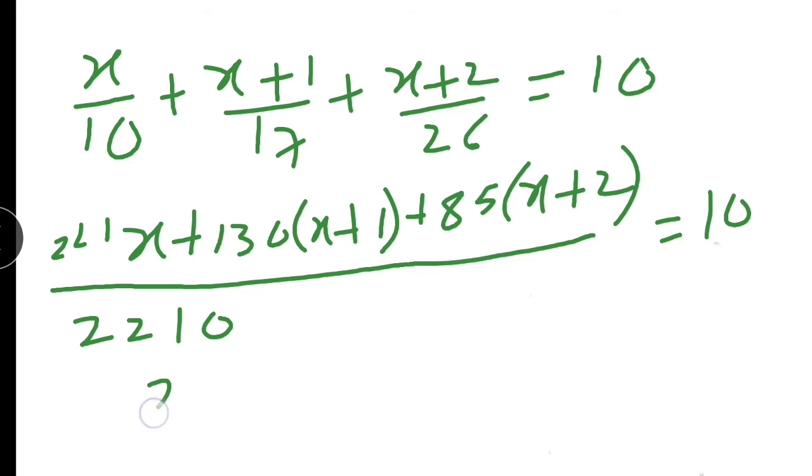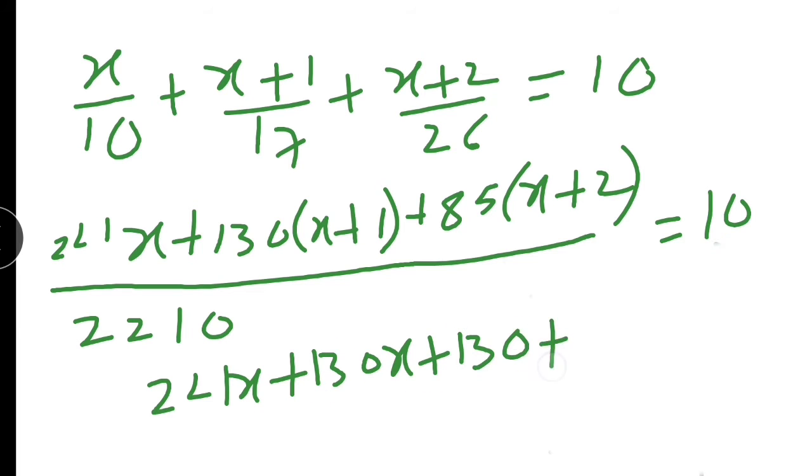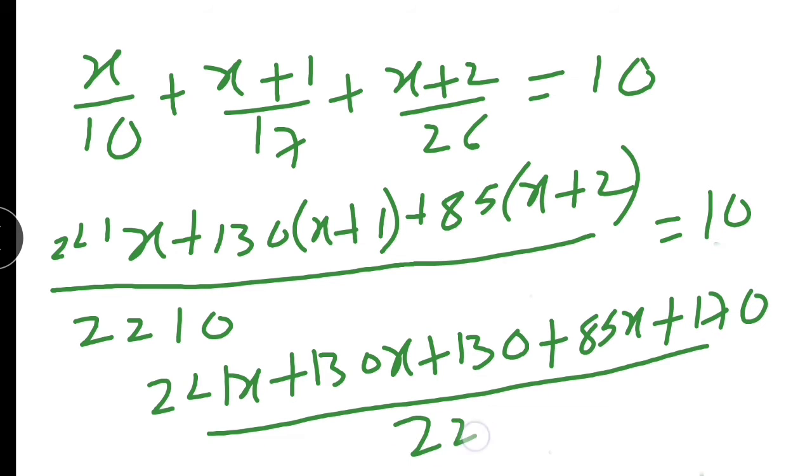Now let's simplify the numerator. 221x plus 130 into x is 130x, plus 130 into 1 is 130, plus 85 into x is 85x, plus 85 into 2 is 170, divided by 2210, equal to 10.